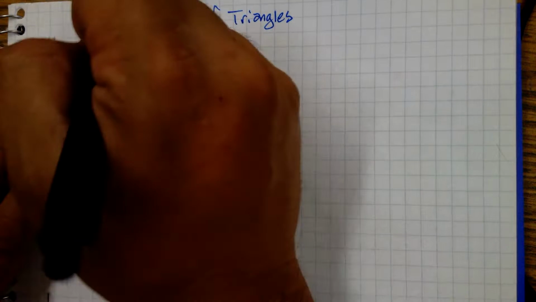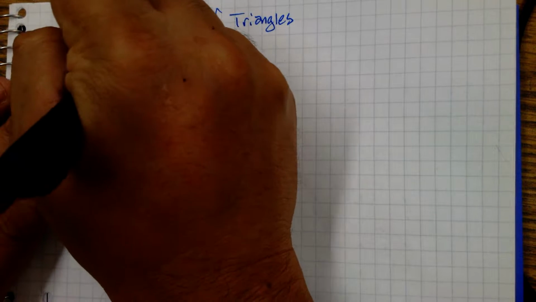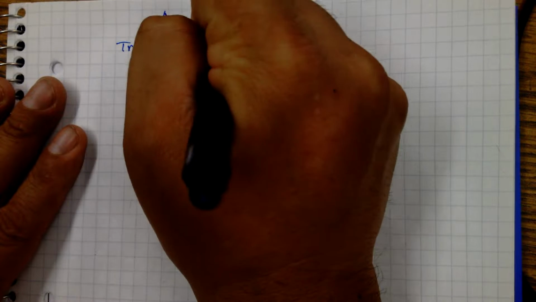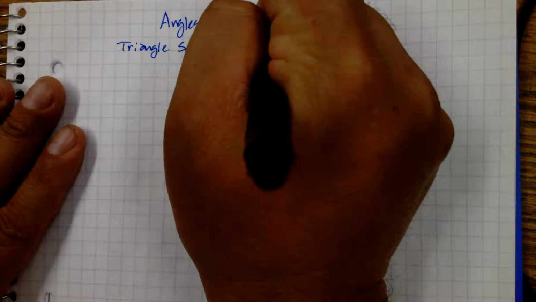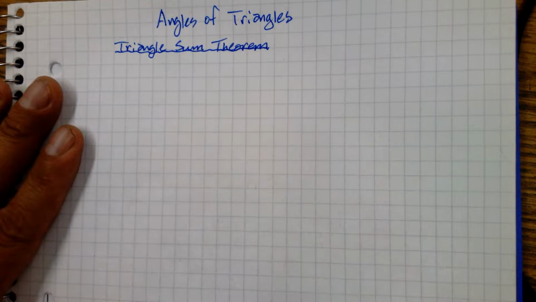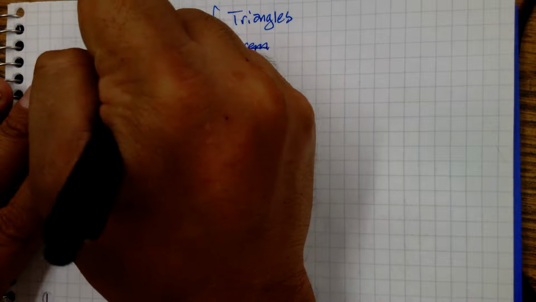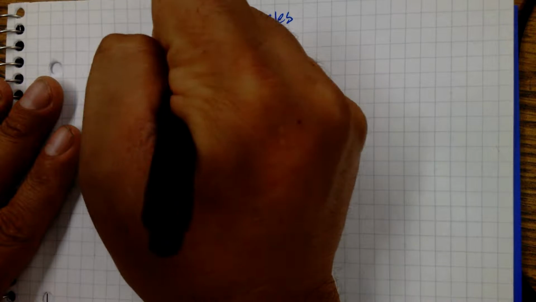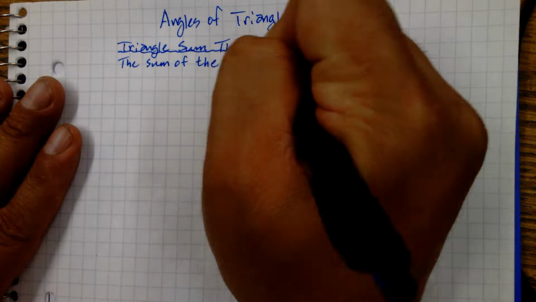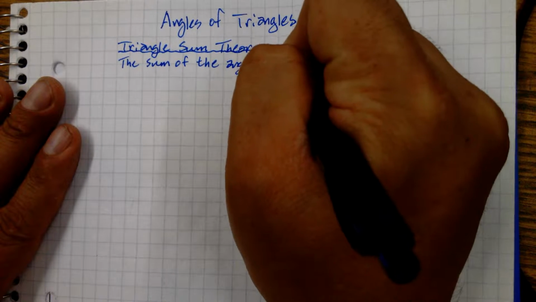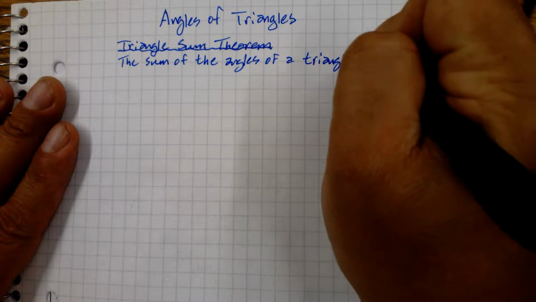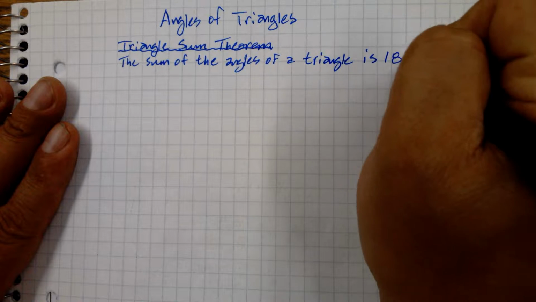So, triangle sum theorem: the sum of the angles of a triangle is 180 degrees.